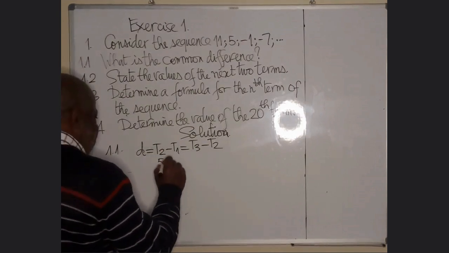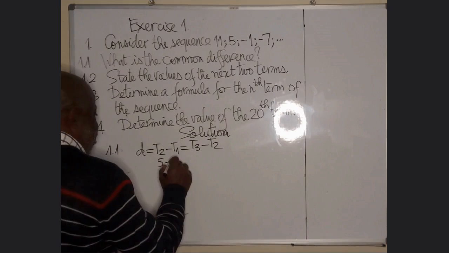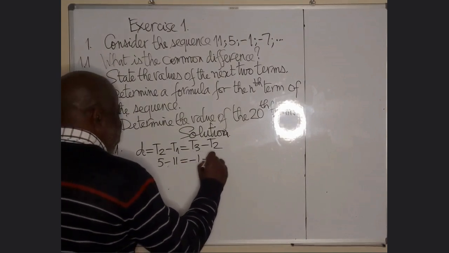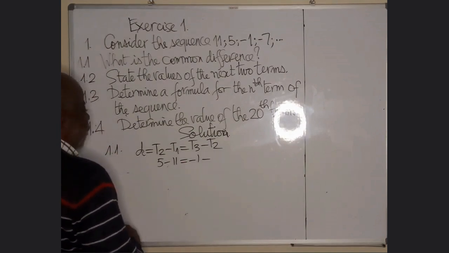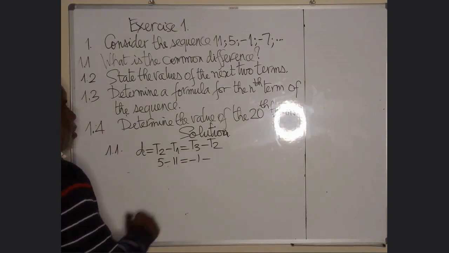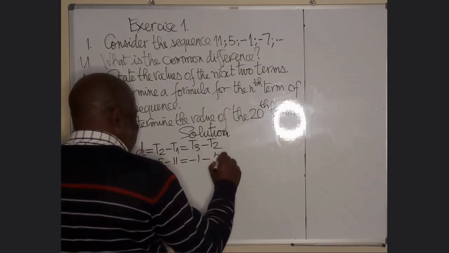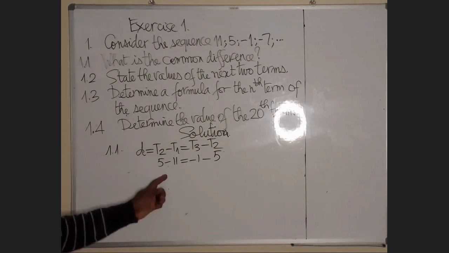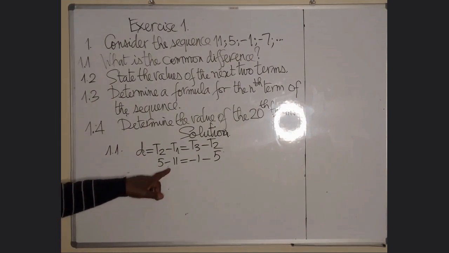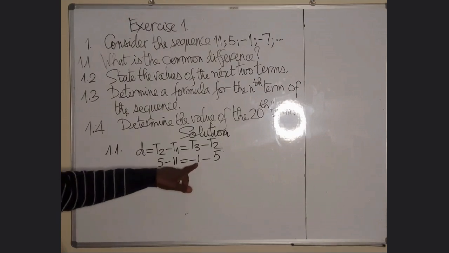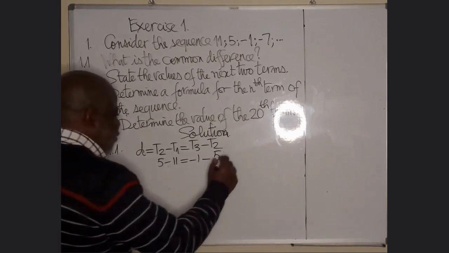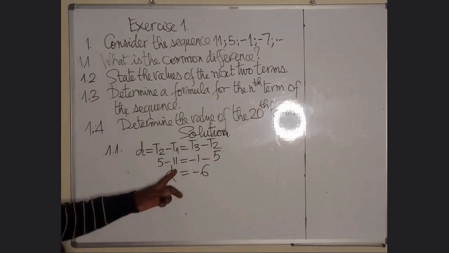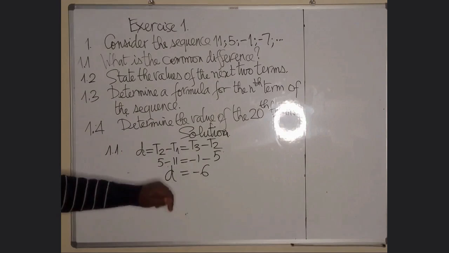T2 is 5 minus T1 is 11, which is equal to T3, negative 1, minus T2, 5. As you can see, 5 minus 11, we get minus 6. Minus 1 minus 5 is minus 6. So our common difference, D, is equal to negative 6.